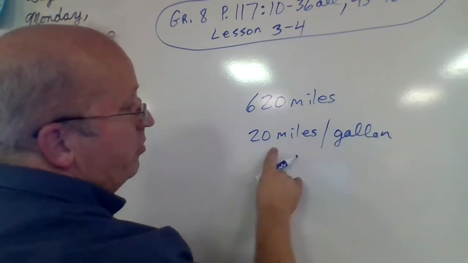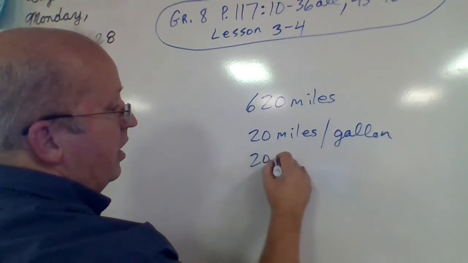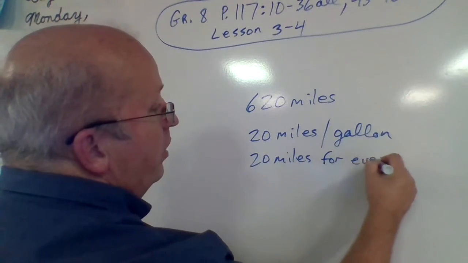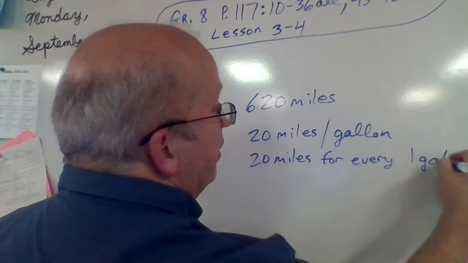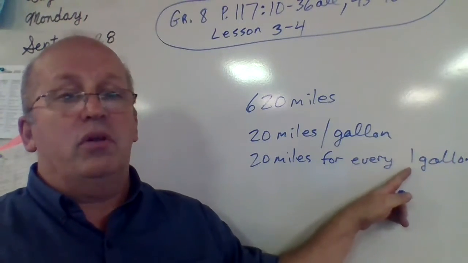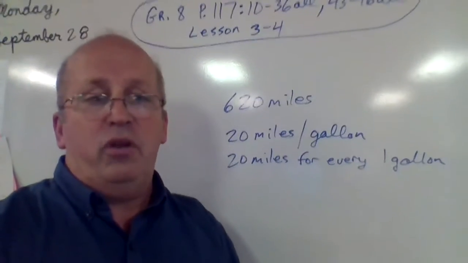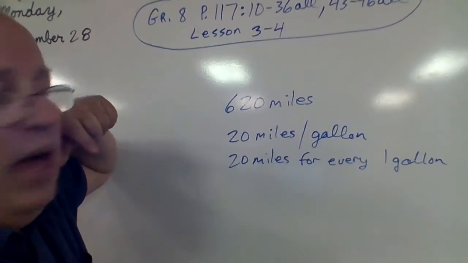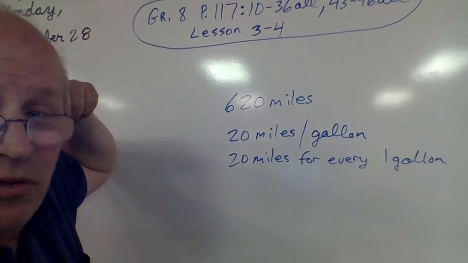Now, another way to say 20 miles per gallon is to say he gets 20 miles of traveling for every 1 gallon of gas. So if he puts in a gallon of gas, he's going to travel 20 miles. Now the question is, in this particular case, how many gallons of gas would Rael need to accomplish this trip?